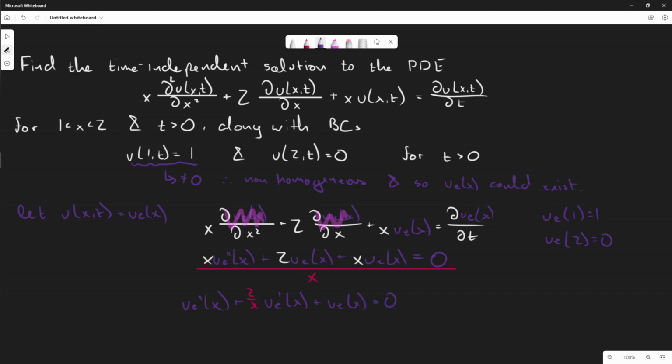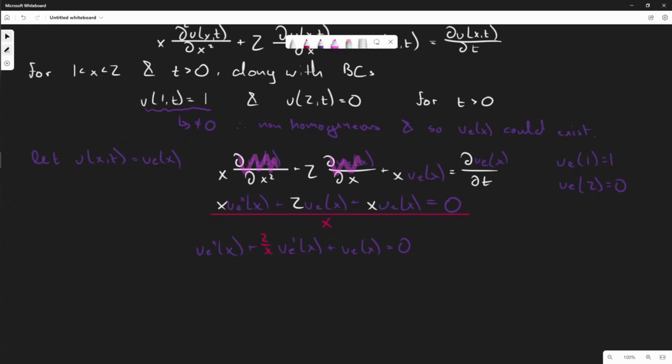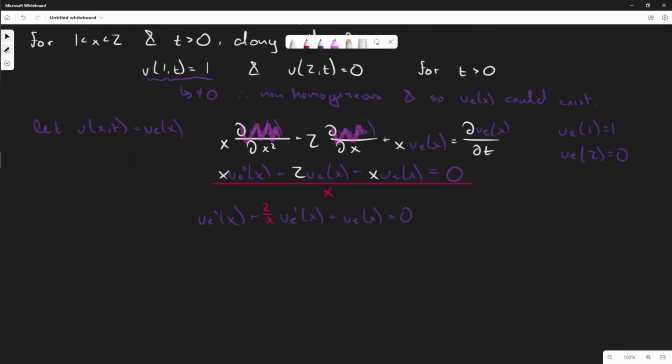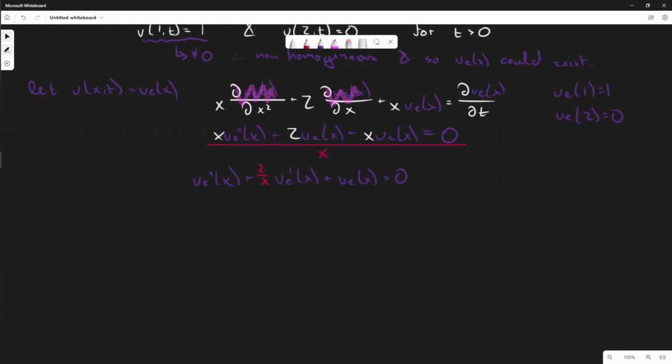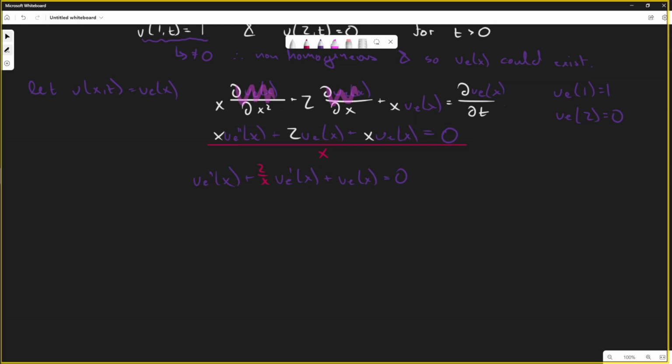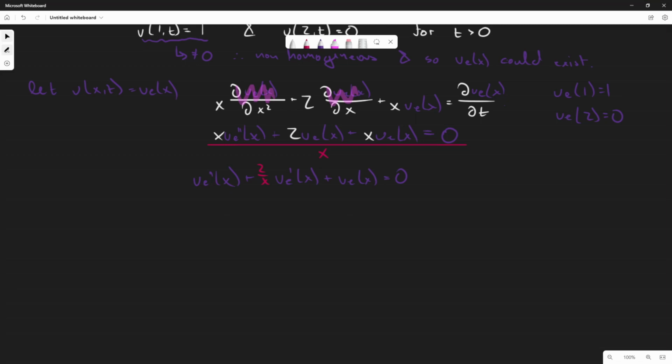And so now we have a, I guess, cleaner or better ODE than we had in the first place. I mean, it's still a little bit fishy, mostly because of the 2 over x. And so, like I mentioned, we're going to use the case that we discussed like a couple minutes ago.